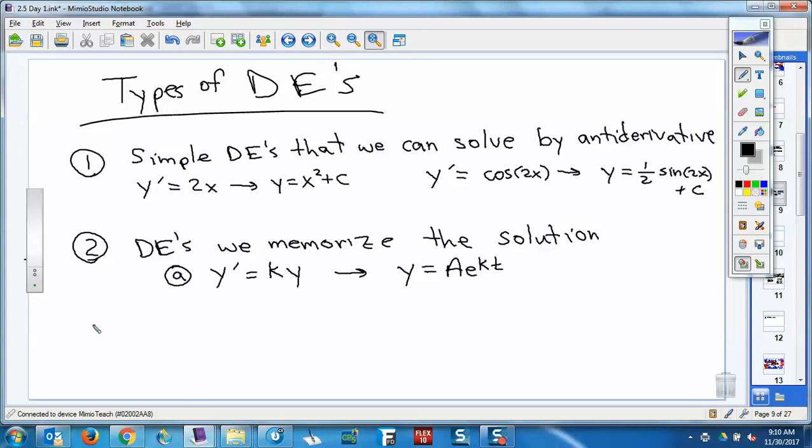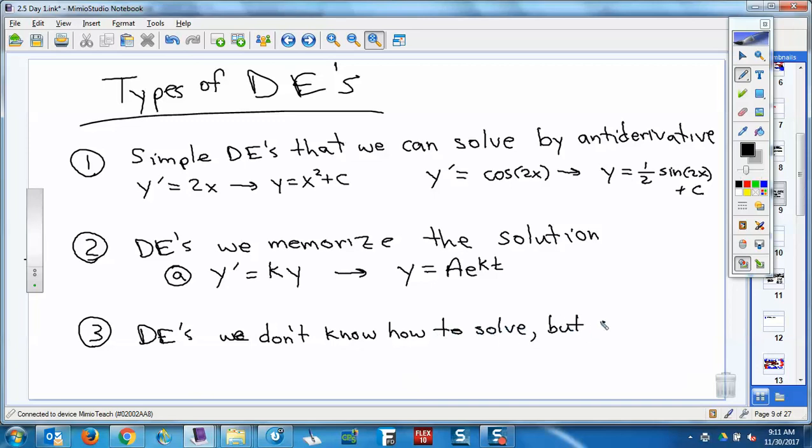And then the third type are DEs we don't know how to solve, but can verify a solution.